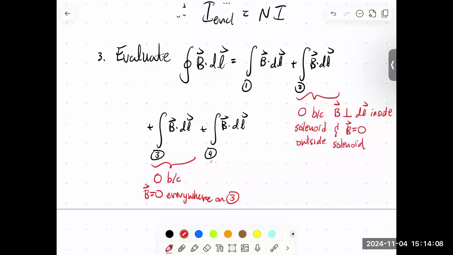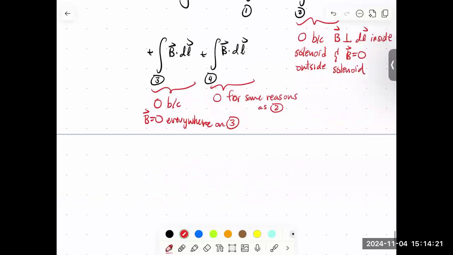Okay, and likewise, this is 0 for the same reasons as 2. All right. So what we have then is B dot dl is just going to reduce to this one path integral.